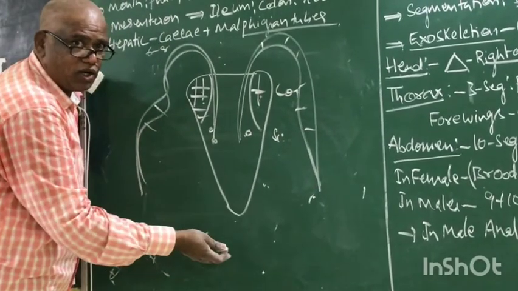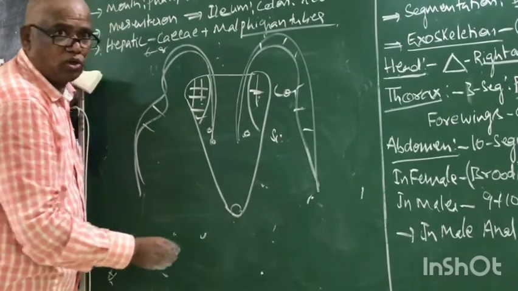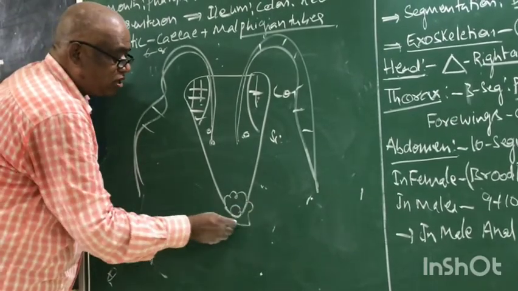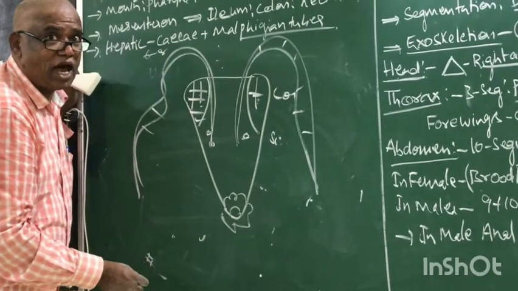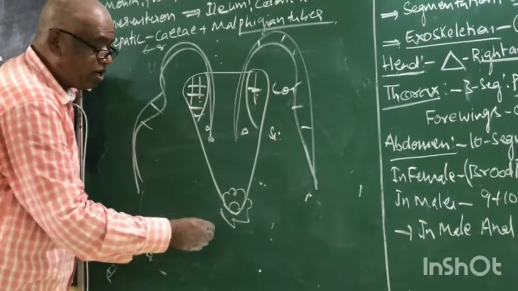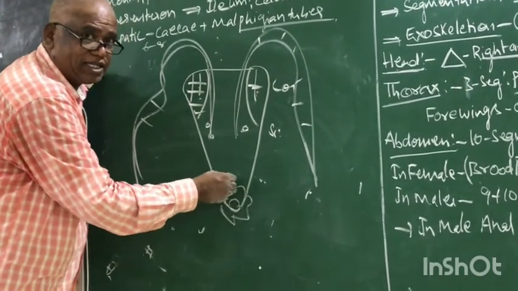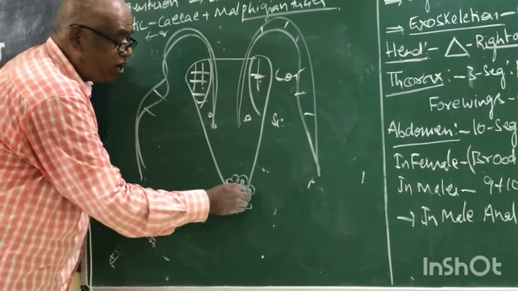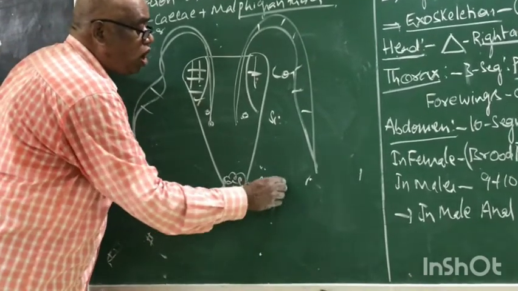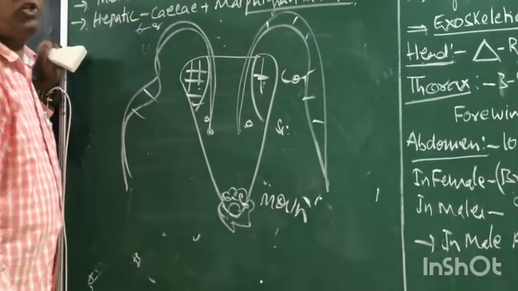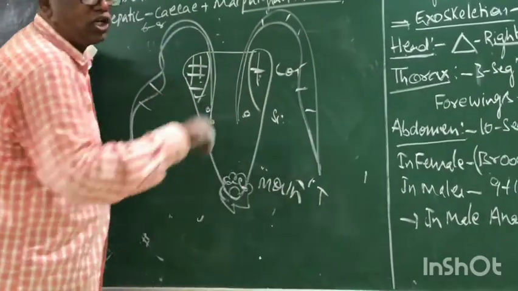Towards the anterior is the mouth, surrounded by some chitinous plates or appendages, right? The mouth and its surrounding appendages are called mouth parts, which help in ingestion of food.